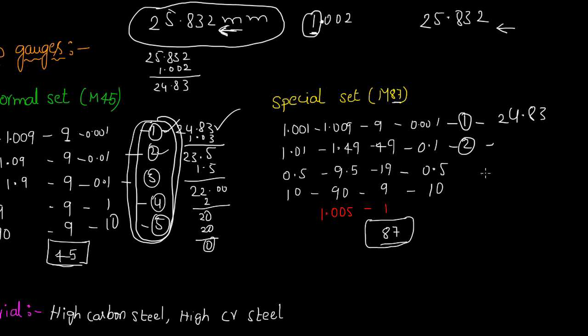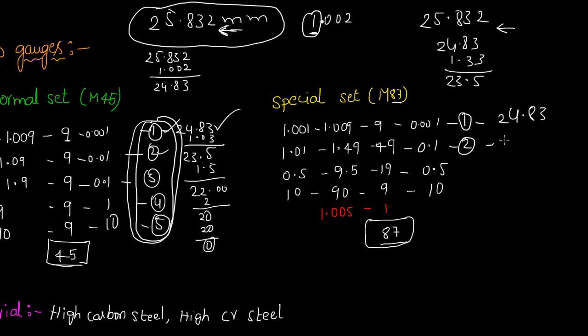If I take 1.33 from 24.83, then it will become 23.5. So from the next set I can take this 1.5, then our left dimension will be 20. So I can use only four slip gauges to build the total dimension.